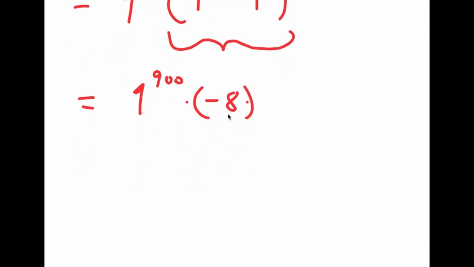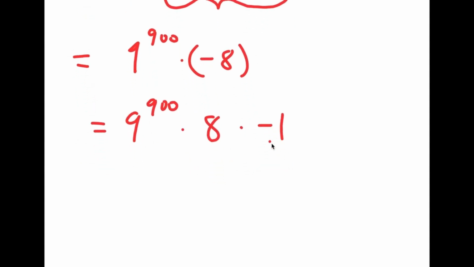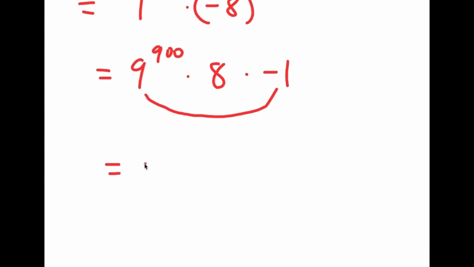And I can rewrite negative 8 as 8 times negative 1. And now I'm going to multiply negative 1 with 9 to the power of 900. So I get negative 9 to the power of 900 times 8.